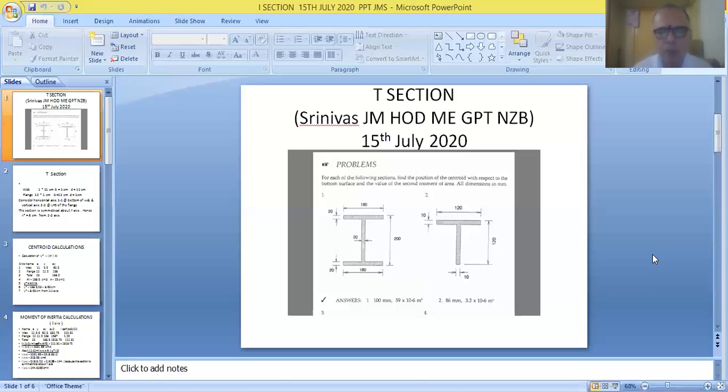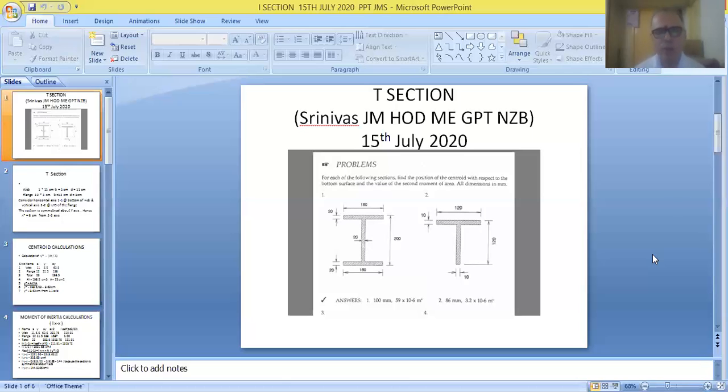Therefore, so far as the flange is concerned, it has to be written as 12 into 1, or 12 by 1 centimeter. And as far as the web of the section is concerned, it has to be written as 1 by 11 centimeter.